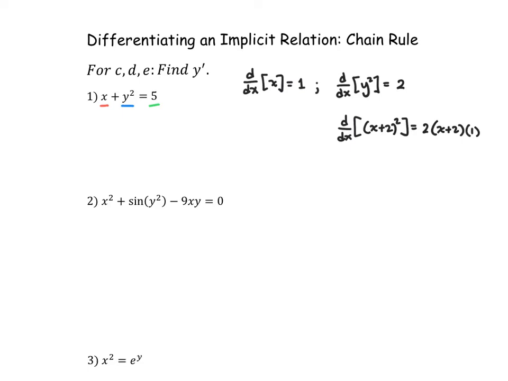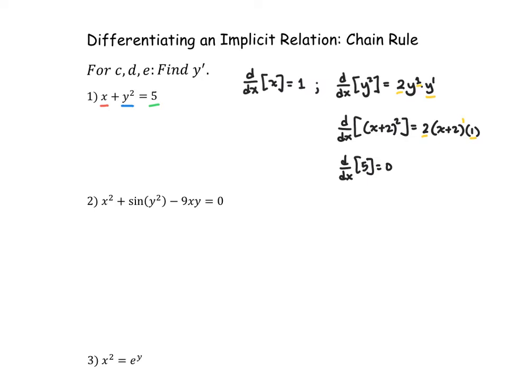I use the power rule, 2 times y to the first power, times y prime, which is the derivative of y. So you can see the correlation here between the power rule taking place and then the derivative of the inner function taking place. And then of course the derivative with respect to x of 5 will equal 0.